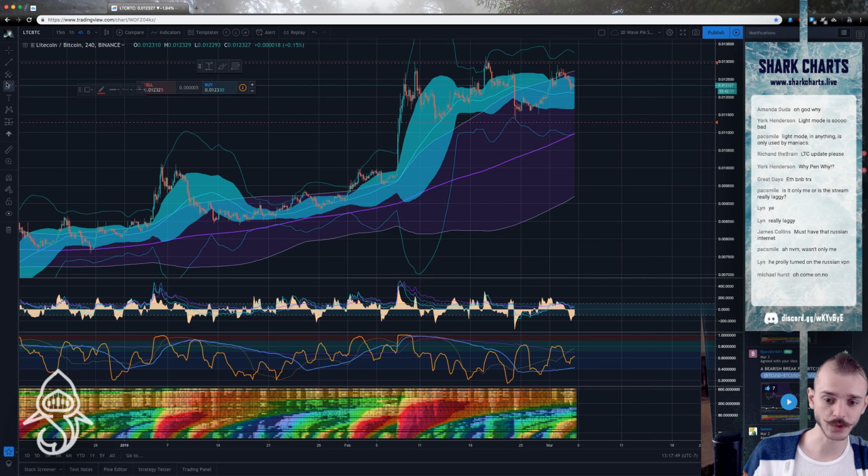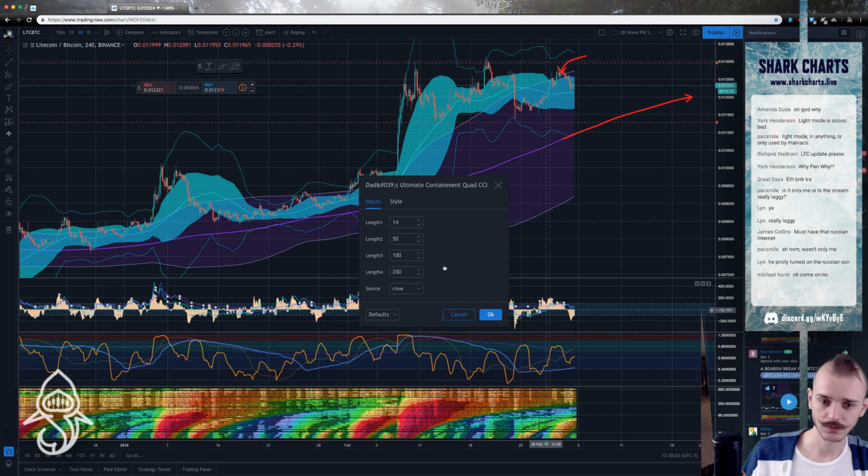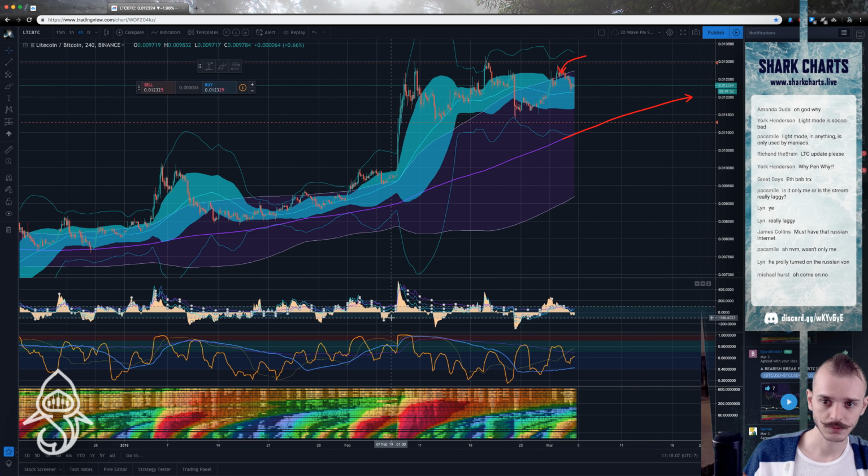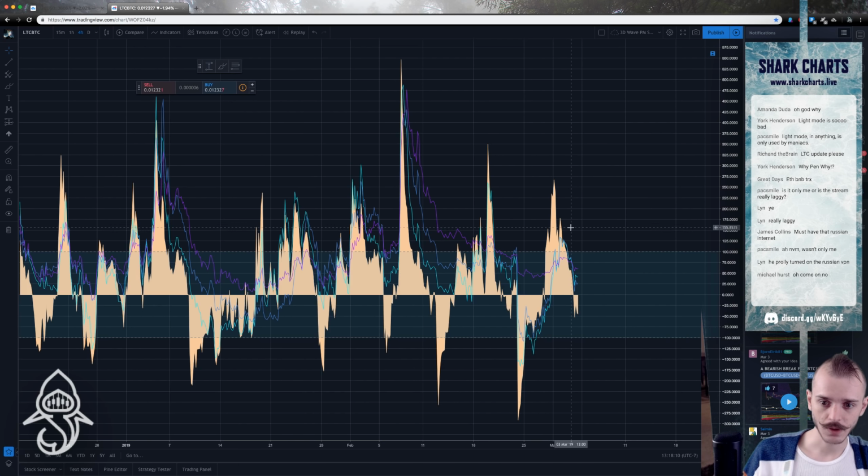So we got a really good short entry to this mean here. When the 25 period CCI rolled down at this location, we caught the very top of the trade. Now, I'm actually going to point it out to you. Right there.